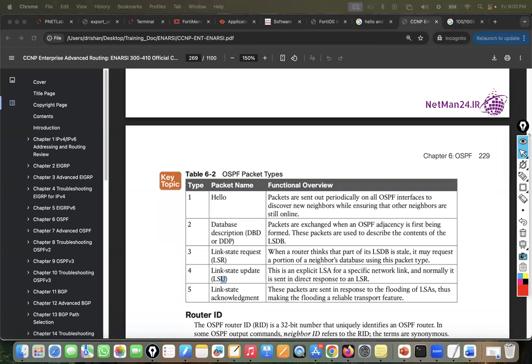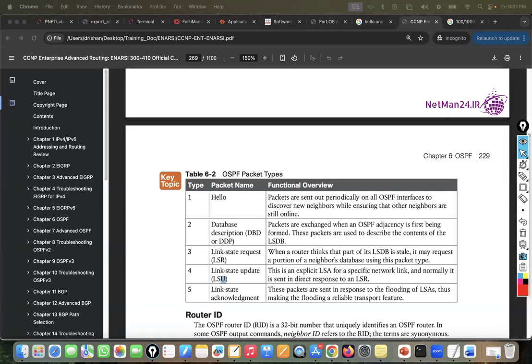A lot of things are there. So if you want to build the neighborship between two routers, all mandatory parameters must match. If they do not match, it is not going to form the OSPF neighborship. That's the simple logic of OSPF. If I show you what parameters are part of the hello, then you will understand.